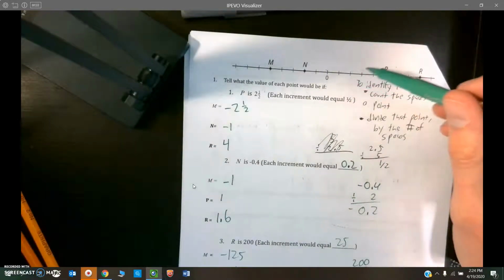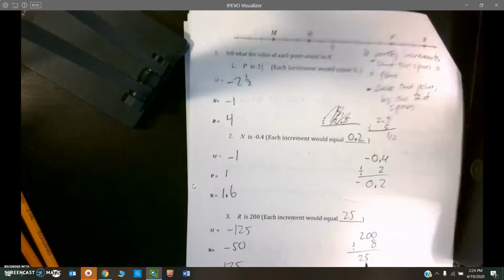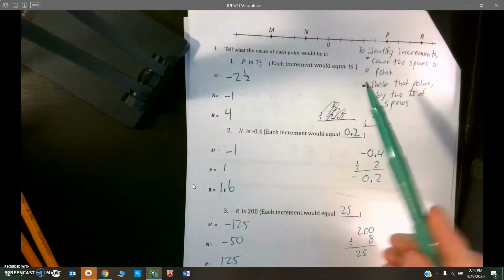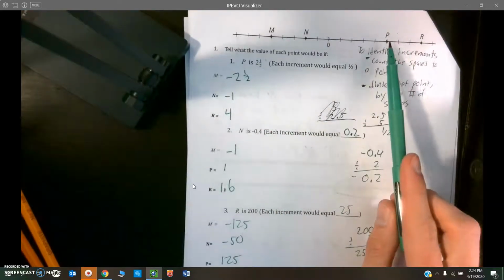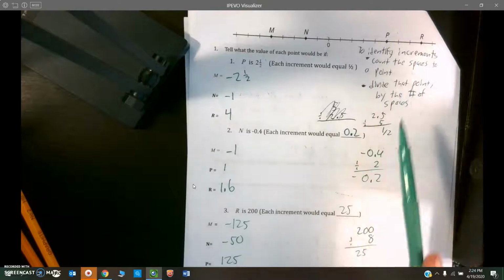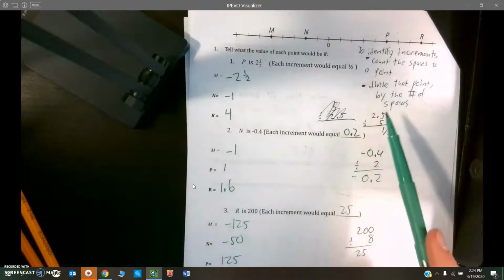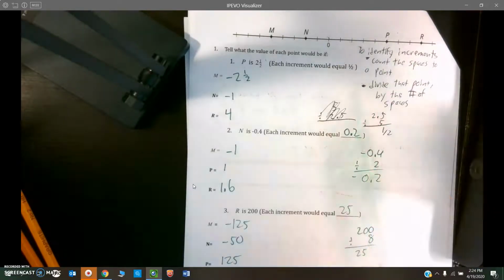So if R is 200 and it's 8 spaces away, then that means each space is equal to 25. And you can count by 25s to find your other values. Right? Just like how here, P was 2.5, and it was 5 spaces away. So you take 2.5 and divide it by 5 to find out that each increment is 1/2.